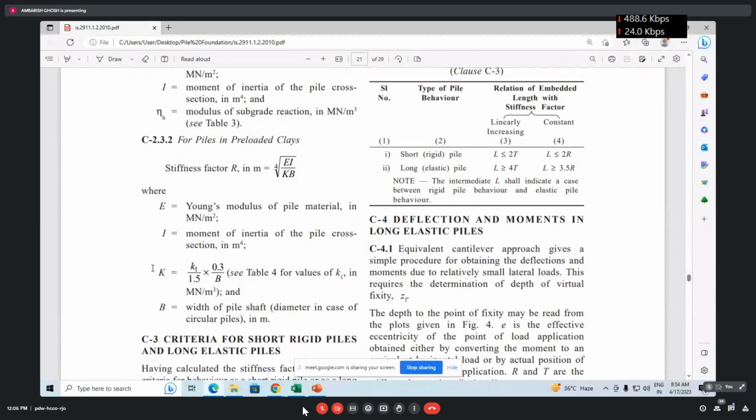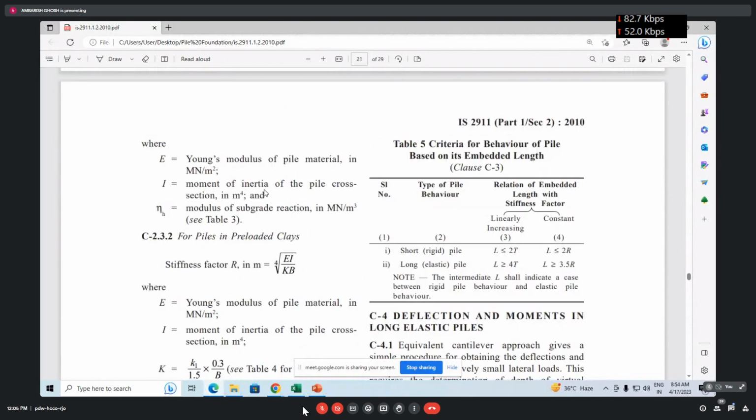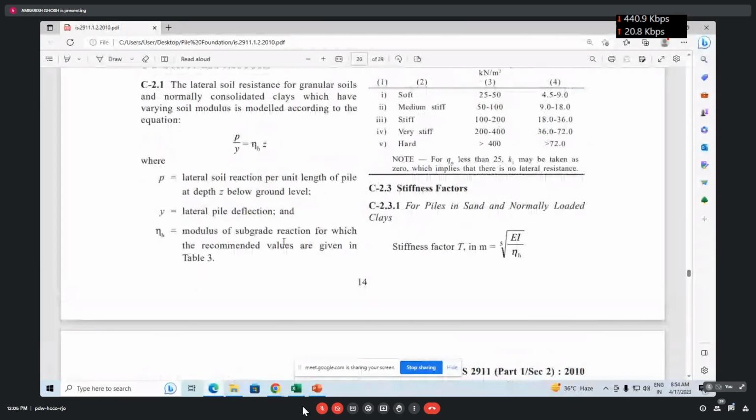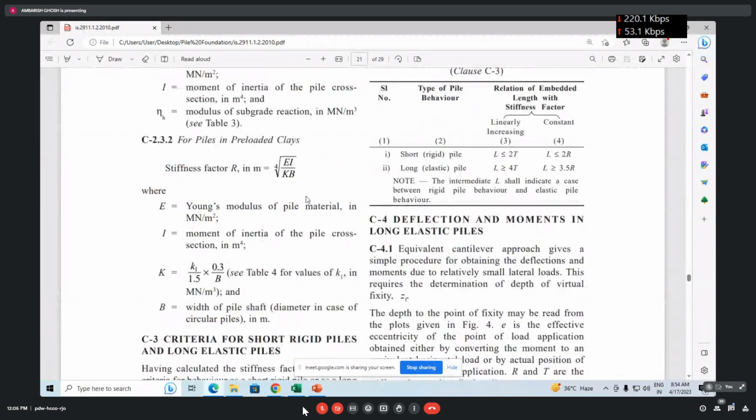K you have got from here, K1 by 1.5 into root 3 by B. B will be the width of the pile shaft or diameter. EI you know, so now you are in a position to calculate the R value and T value. In case of sand you will use T, and for clay you go for R.